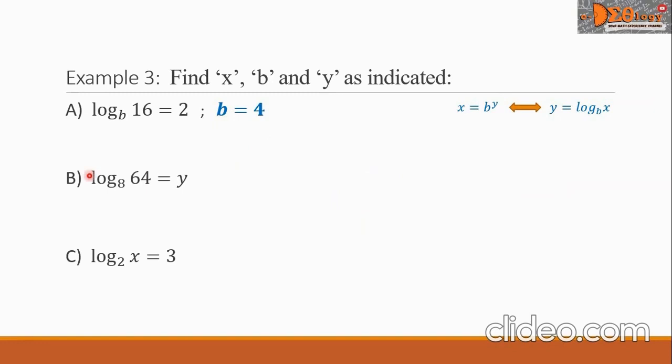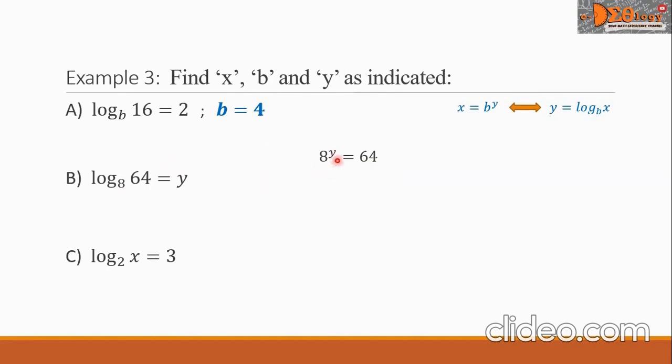I will go now to letter B. I will convert this into equivalent exponential form. And this is the exponential form. 8 raised to y equals 64. Again, we see the base here, the log with base 8. I copy that same base in here. And this y is the exponent that I can use here.